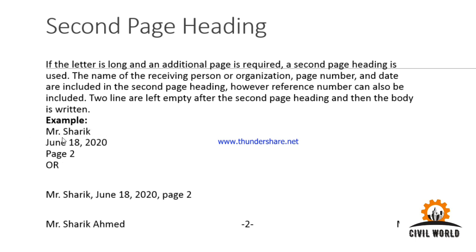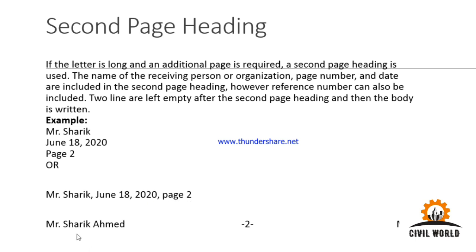You write the name of the recipient or the addressee, to whom you are writing the letter. Then you write the date and the page number. This is one format. The second one is this one: the name, and in front of that name you go for the date, and then you mention the page.